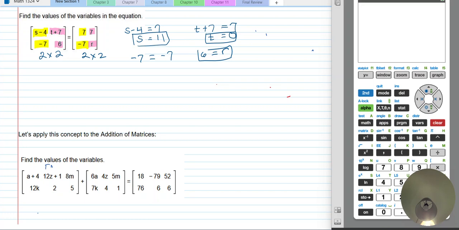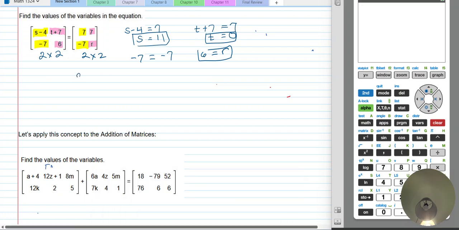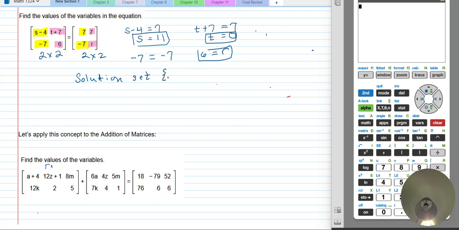So then I have a solution set. My solution set is s equals 11, t must equal 0, and r must equal 6 to create an equal matrix.